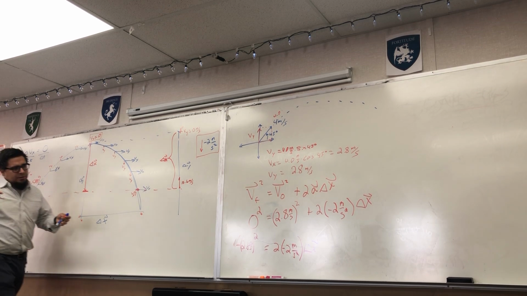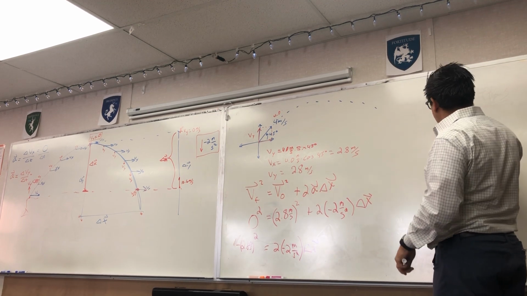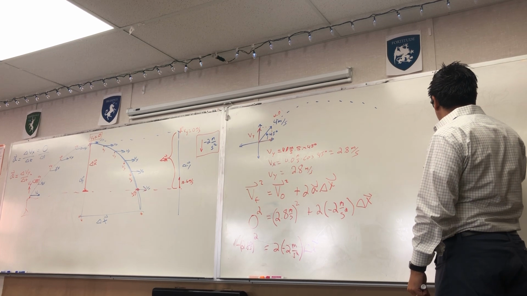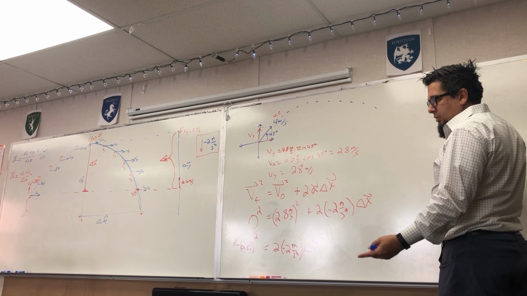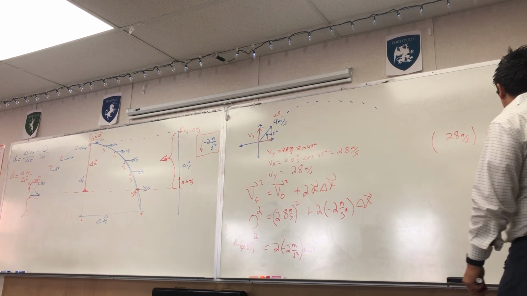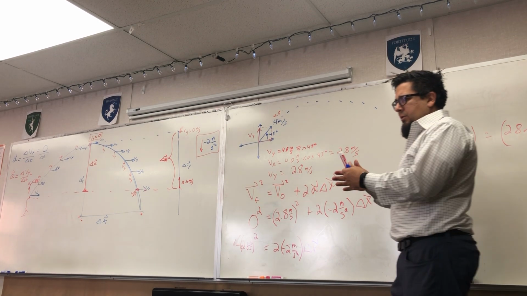My final velocity is still 2.8 meters per second, because that doesn't change. That's equal to my initial 2.8 meters per second squared, plus 2 times acceleration, which is 0 in the x direction, times delta x. So we're going to have to figure out time if we want to do anything in the x direction.